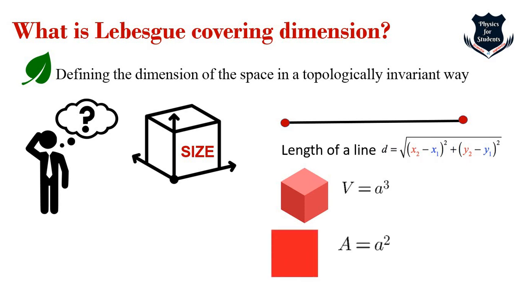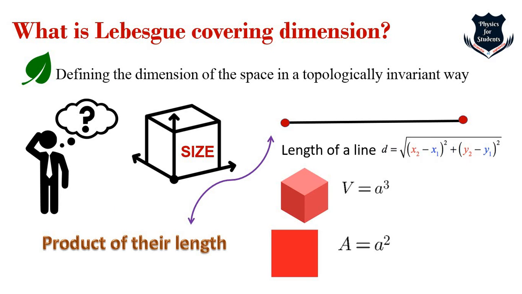We start with things which have a common notion called size, and then we go ahead and measure. But note one very subtle thing in all those measurements: we are trying to find the product of their lengths. More or less, all three examples are nothing but the product of their lengths.